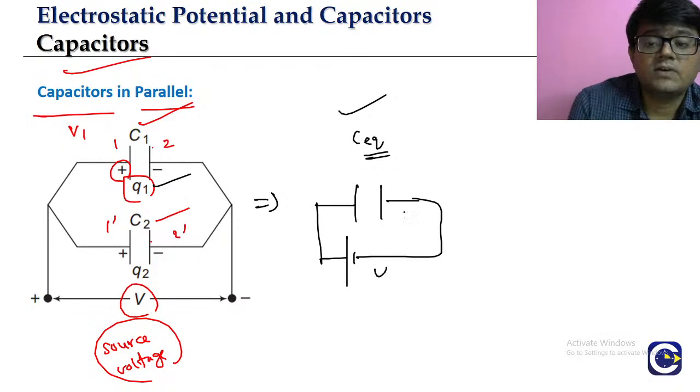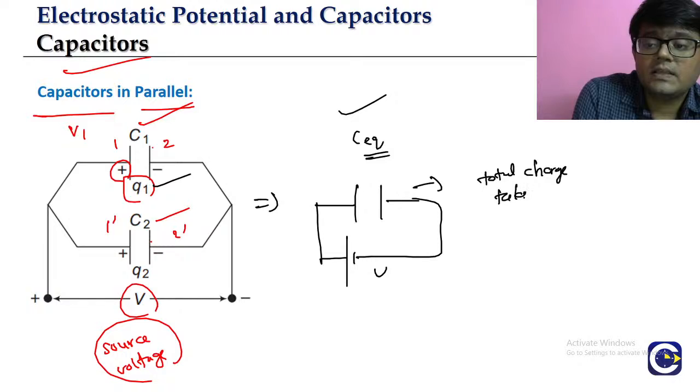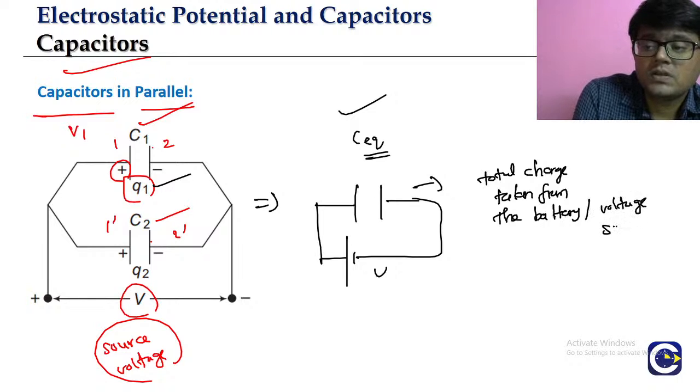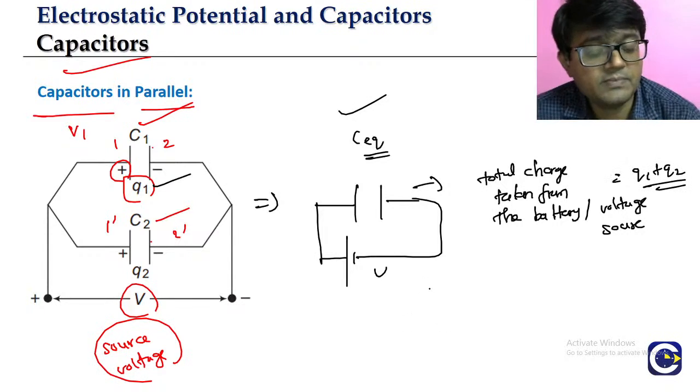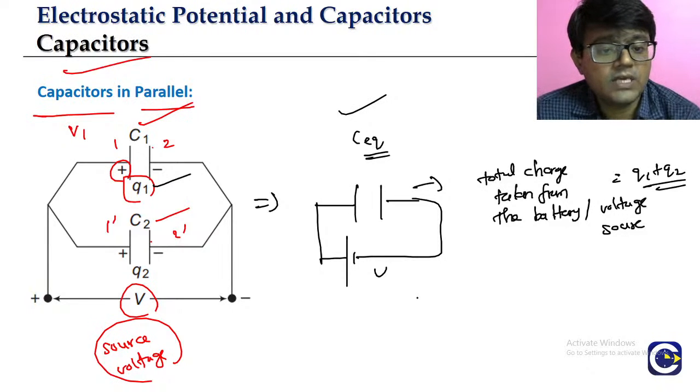So the total charge taken from the battery or the voltage source is Q1 plus Q2.